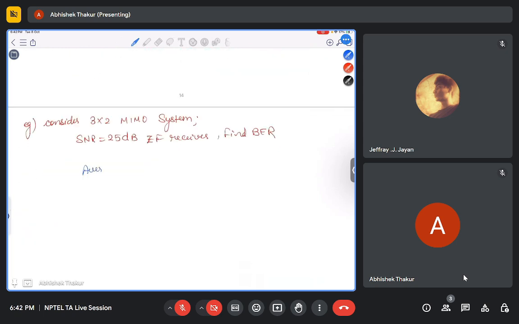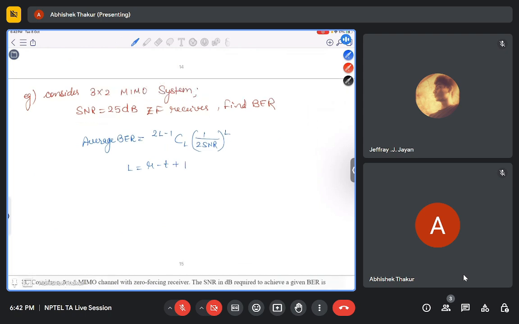So average bit error rate is equal to 2L minus 1 C L, 1 by 2 SNR to the power of L. Here L is equal to R minus T plus 1. What is R? 3 cross 2, so R is equal to 3, T is equal to 2.